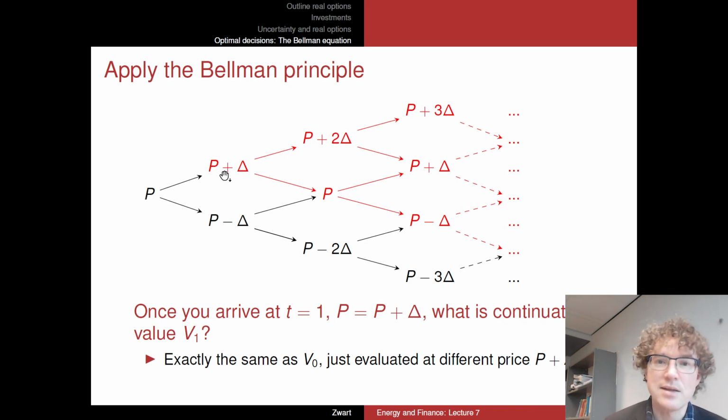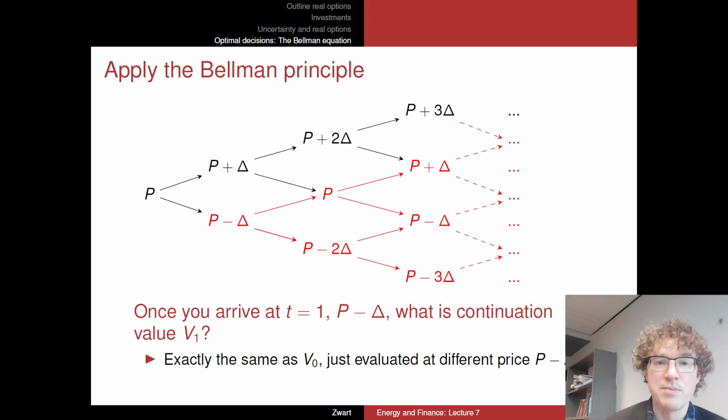Well, this whole red tree, the remaining bit here, looks exactly like the black tree that we started out with, except it's shifted by this single shift delta upwards. So the continuation value that we have when we end up here should be precisely the same function as the value function that we would have here, but now evaluated, of course, at this high level p plus delta.